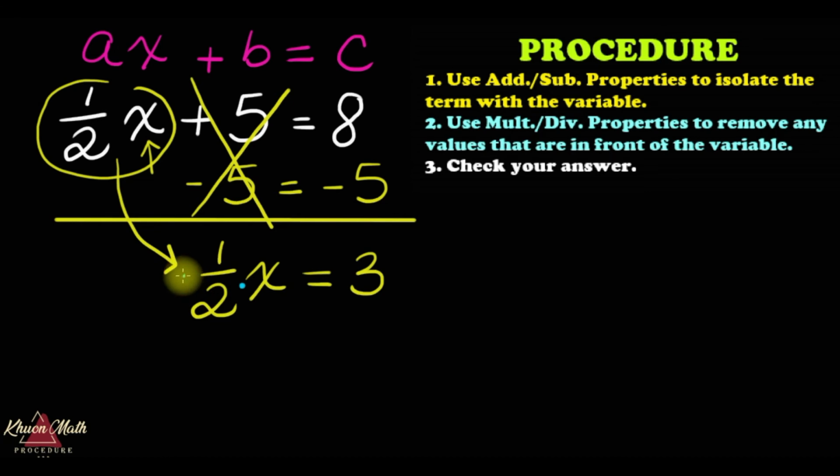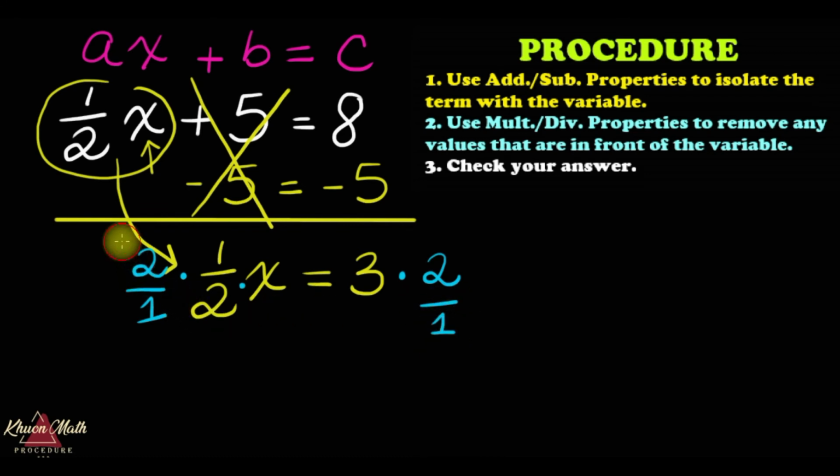So we're going to multiply this by the reciprocal of 1/2, and that's going to be 2/1. Again, divide by 1/2 is the same as multiply by the reciprocal of 1/2. So if we multiply the left side by 2/1, we're going to do the same thing on the right hand side, 2/1.